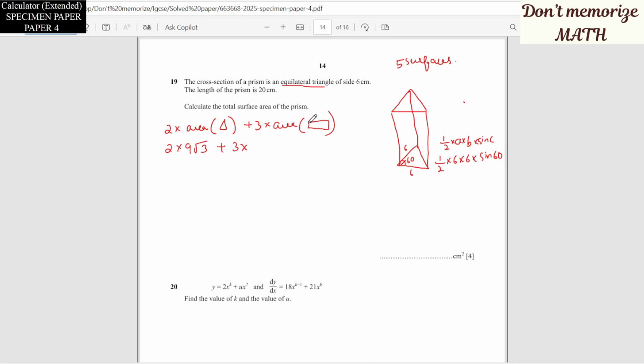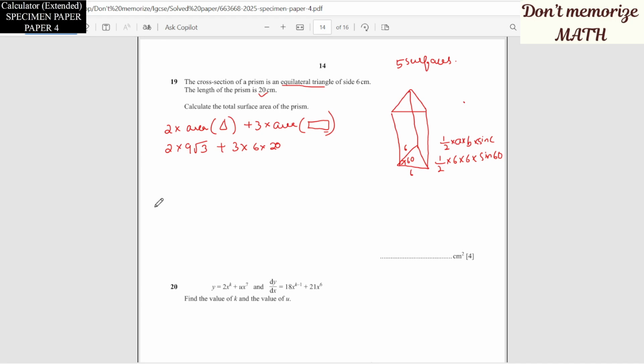So we have 2 times 9 root 3 because we have two triangles, plus 3 times the area of rectangle. You can see a rectangle here. The length or breadth will be 6, right? What will be the height? Height will be the same as the length of the prism, that is 20. So it will be 6 times 20 because the area of rectangle is length times breadth. So you can calculate it: 2 times 9 root 3 plus, put the bracket, that will be better, 3 times 6 times 20.